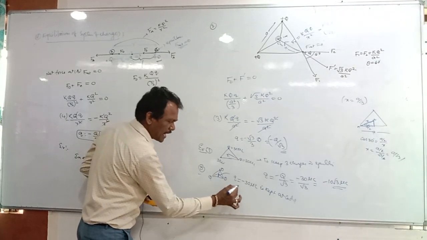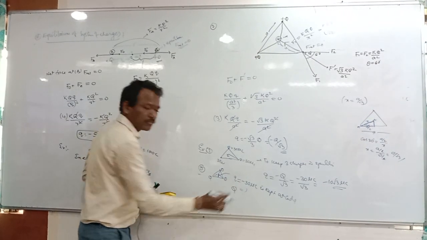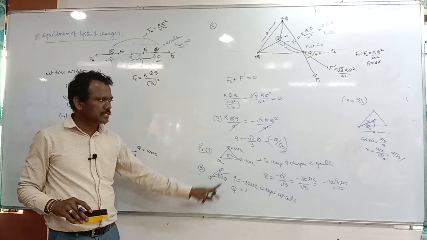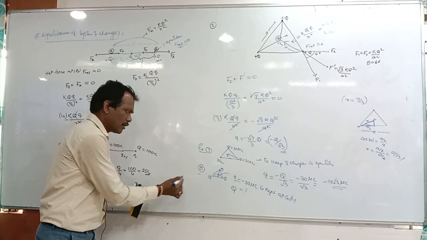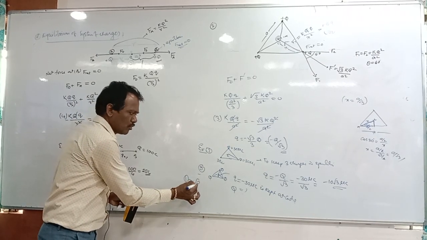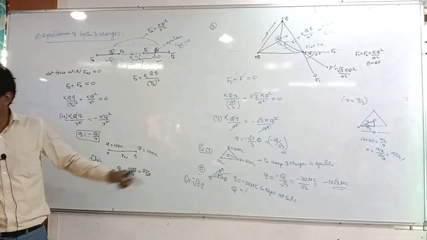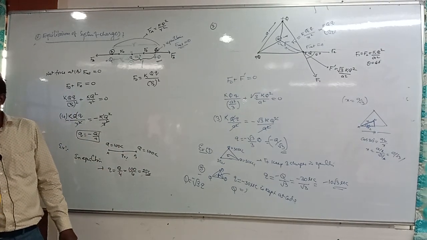So what should the capital Q be equal to? Root 3 into small q. Capital Q is equal to root 3 into small q. That you take minus. Minus of minus becomes again plus.